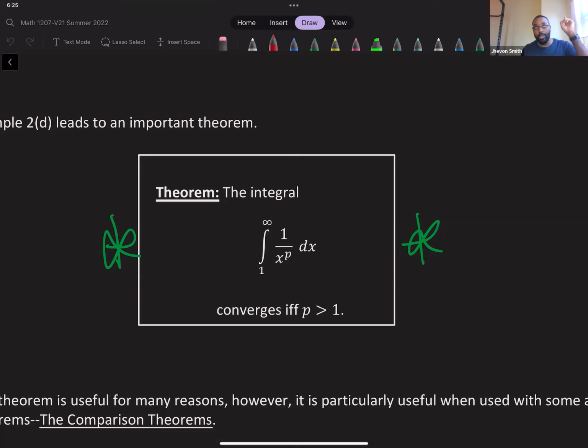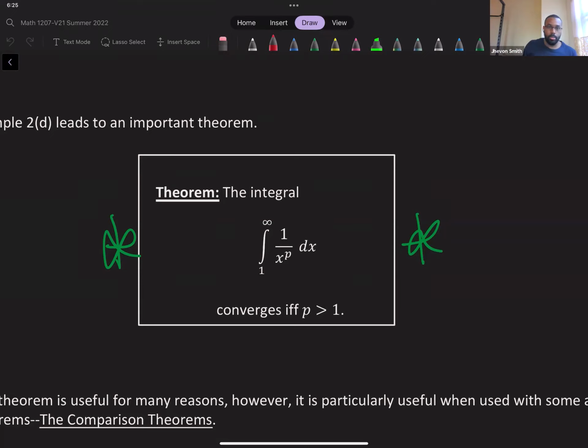If I have 1 to infinity of 1 over radical x, does not converge. 1 to infinity of 1 over x to the 1/3 power does not converge, right? I can actually know whether it's going to converge based on what the power of x is.